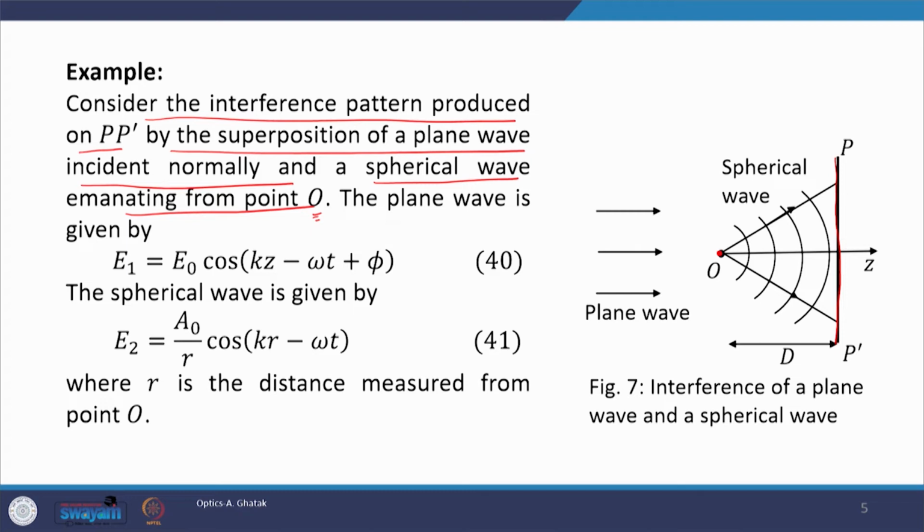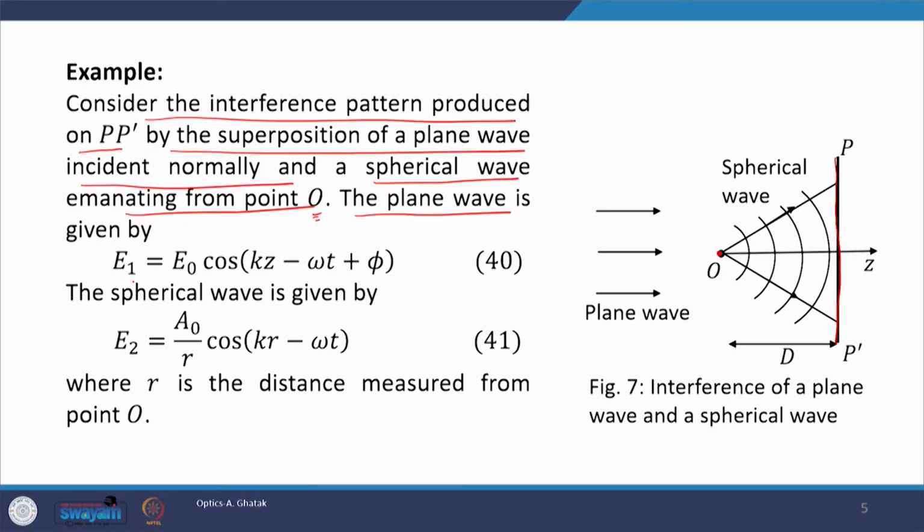From this resultant field we will calculate the irradiance, and then plot it to see the type of fringes which the observer will observe on the screen P P prime.